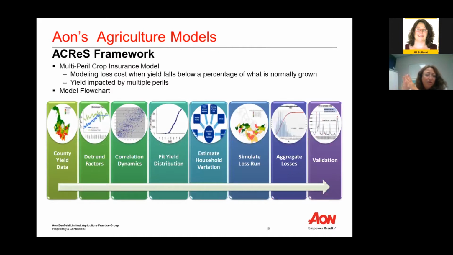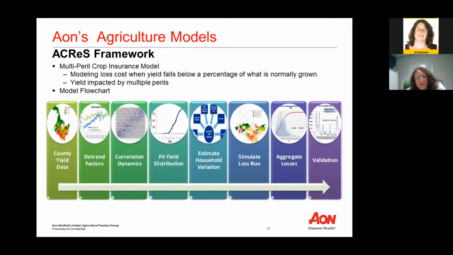Remember, as I said, losses or claims were log normal, but that's because claims can't go below zero. So you always have a truncated distribution. But yields tend to be either normal or a little bit skewed to the left. So a normal distribution is not a bad one to take, and I think we fit either a log normal or a skewed normal to most of our yield distributions.